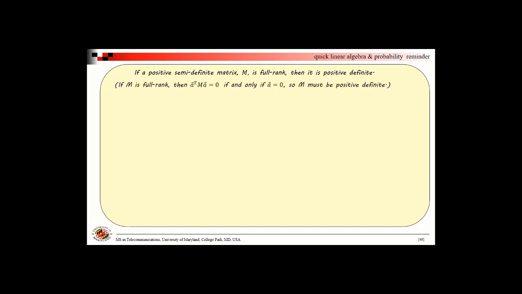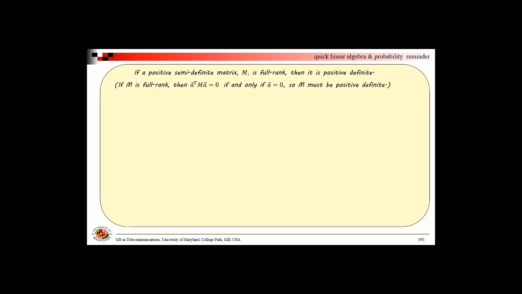Here's another crash course reminder in algebra and probability. Well, if a positive semi-definite matrix like ours, M, is full rank, then it is positive definite. If you don't remember why this is, let's think about it. We know that if our matrix is positive semi-definite, then A transpose MA is greater than or equal to 0.